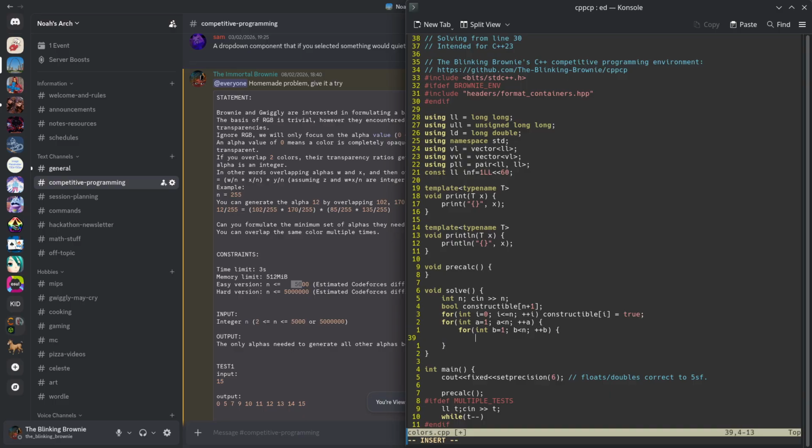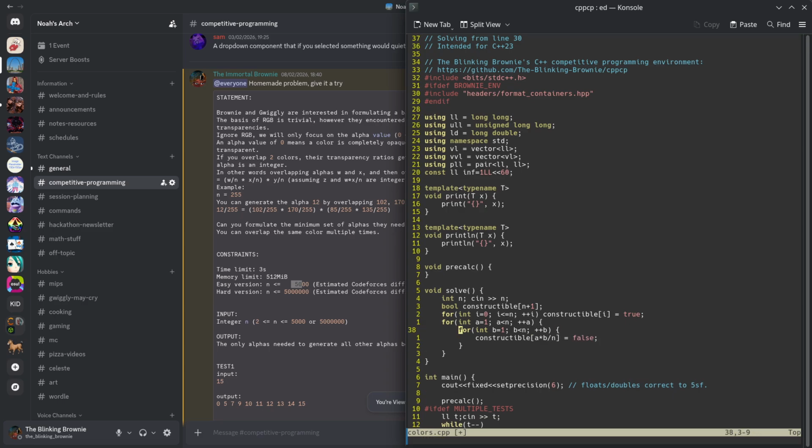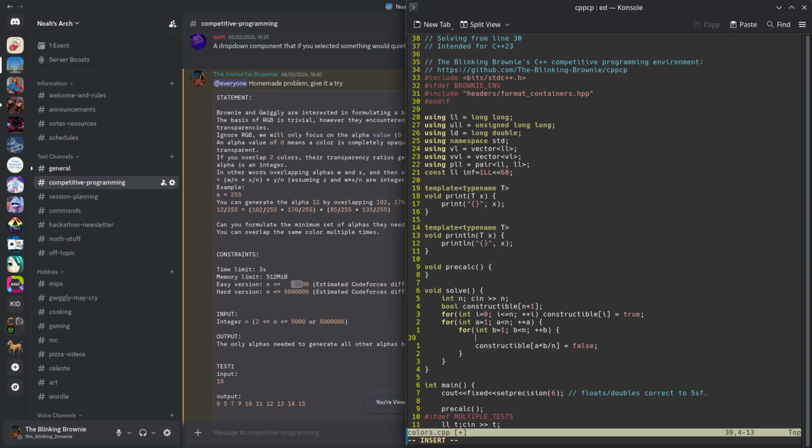And then constructible a times b over n is set to false. But this operation is only valid if a times b over n is an integer, so we can write that as if a times b mod n is not equal to 0, then continue. And yeah, that should be it.